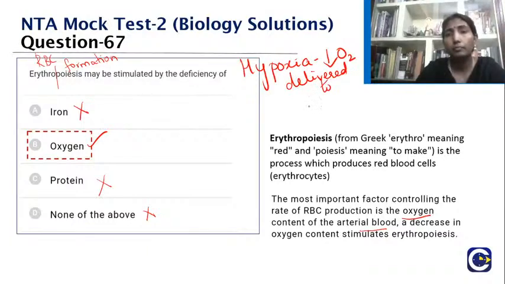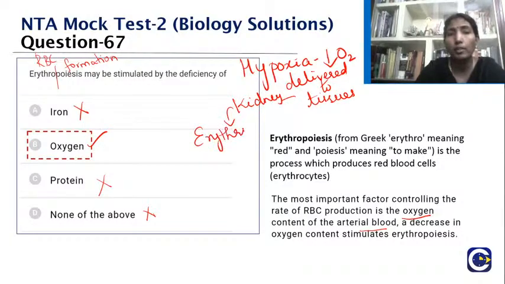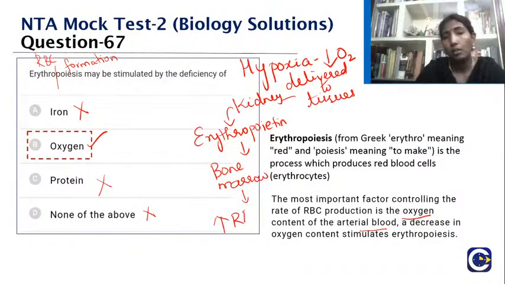So once there is decreased oxygen delivered to the tissues, particularly the kidney will sense this and release one hormone called erythropoietin. This erythropoietin is a hormone which will act on the bone marrow and increase the red blood cell production. This is what happens following hypoxia. Okay.